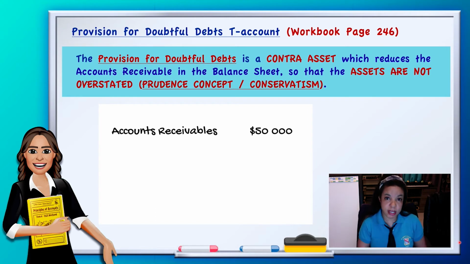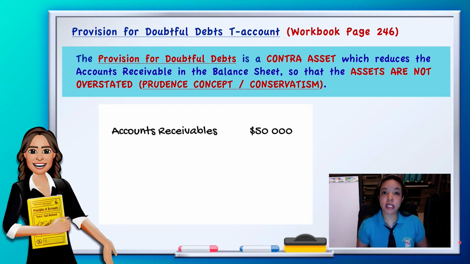So in actuality, if we do not tell people that, they are going to think that we have assets of $50,000, which would be overstated, because in reality we have possible future bad debts.